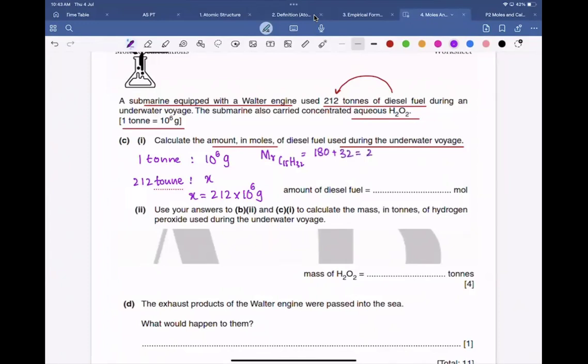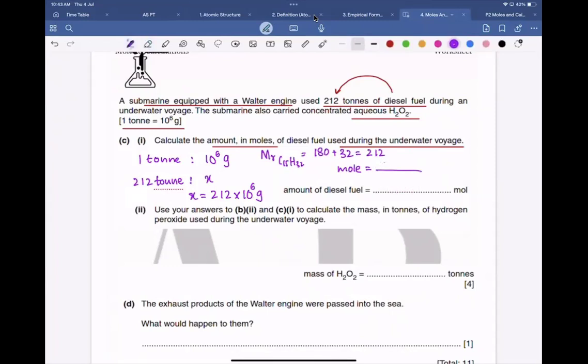It's 212. So the number of moles is equal to 212 over 212 exponent 6. So 212 will be cancelled out and I am left with 1 exponent minus 6 moles. Isn't it? No, sorry.